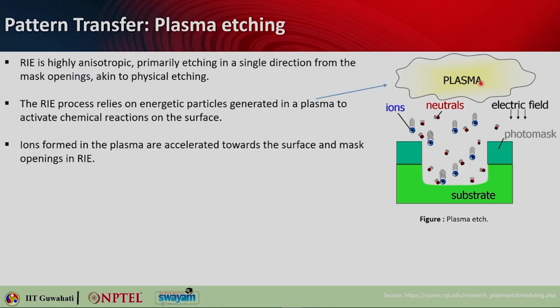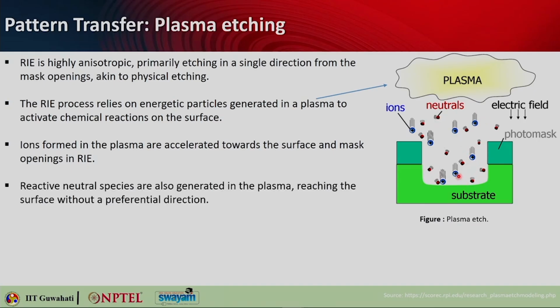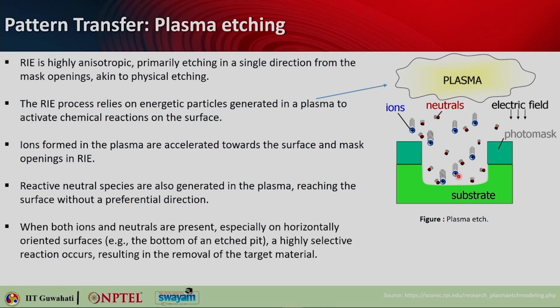So, this is the plasma, and you can see the ions formed in the plasma are accelerated towards the surface. This is the photomask and this is the substrate, and this will be the opening. So, this is how the ions are basically allowed to enter, and the reactive neutral species are also generated in the plasma, reaching the surface without a preferential direction.